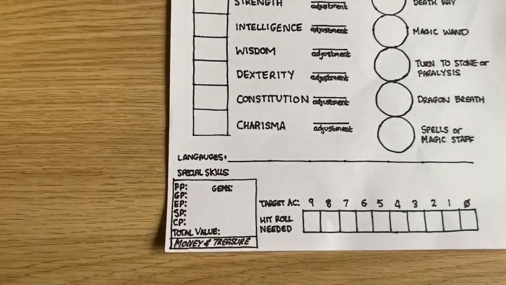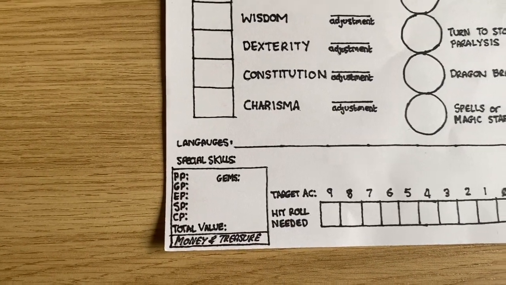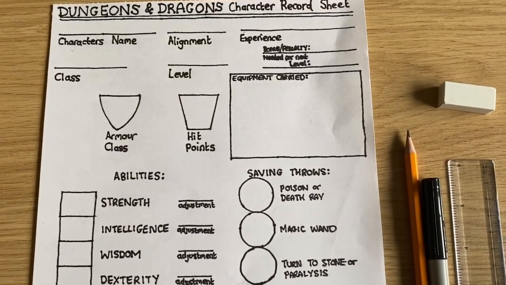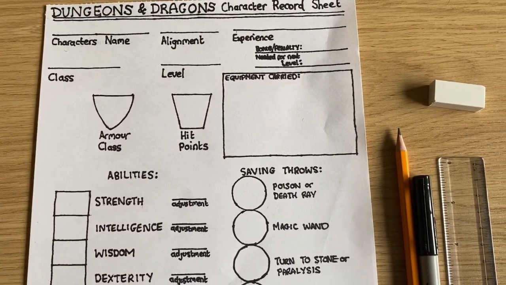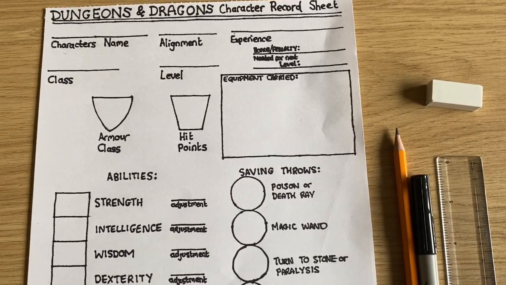So I actually put the money and treasure down in the left corner, and I put the equipment carried up in the right, and the experience and bonus and penalties and experience needed for the next level.